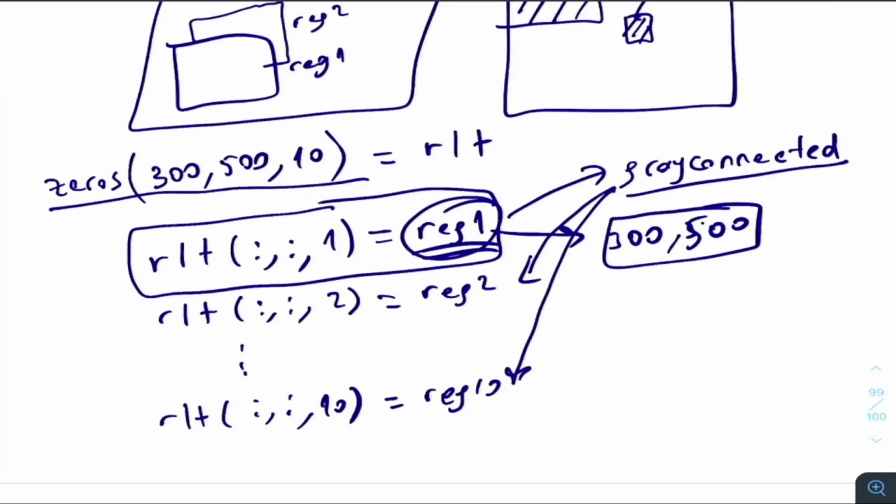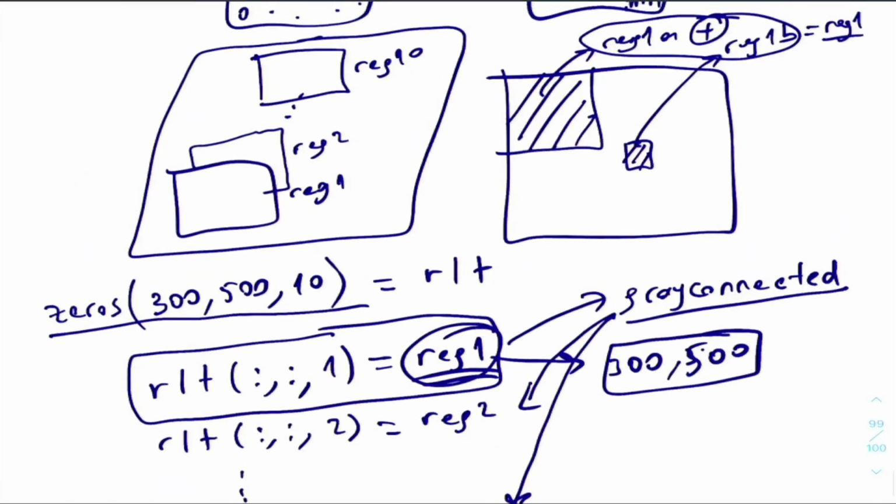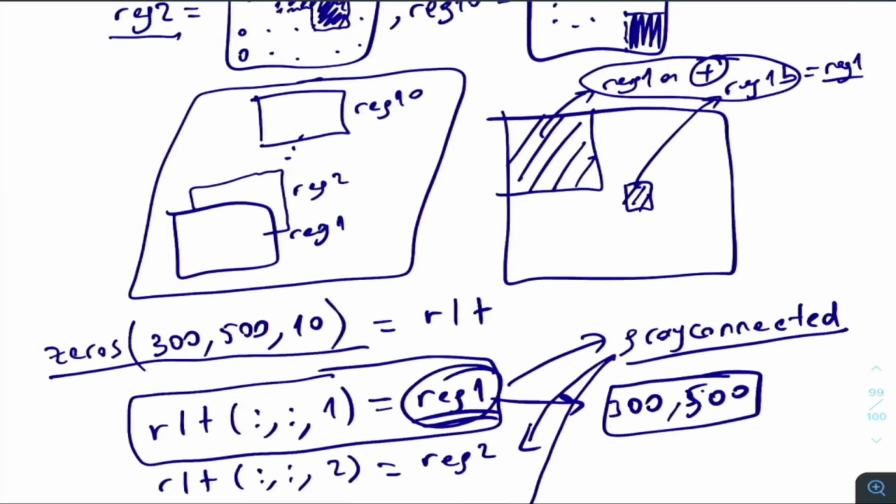The only cumbersome part of that application, or that algorithm, is the determination of some interior point. For example, this point, 20, 30.